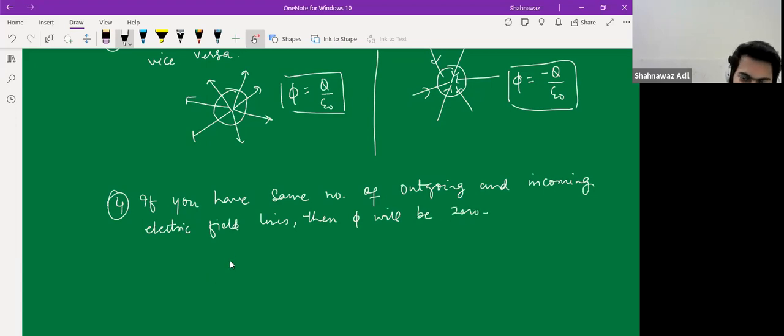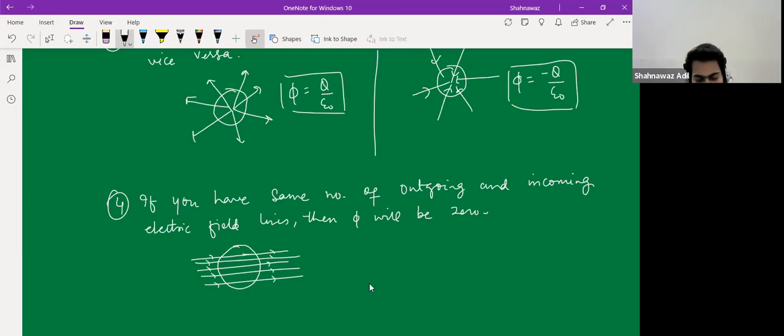Let's say I have a spherical surface, and you can see how many lines are entering. How many lines are entering, Mariam? 5. 5, right.